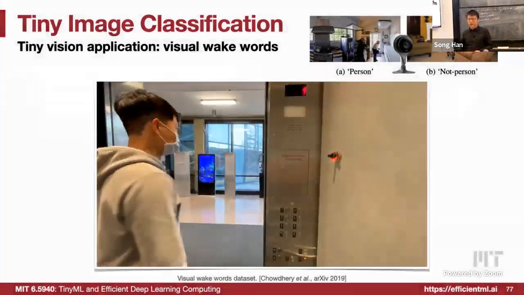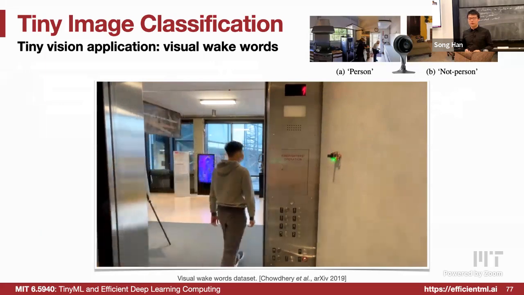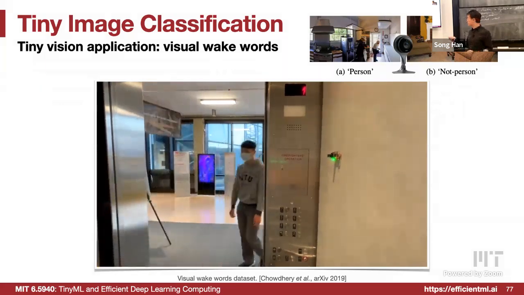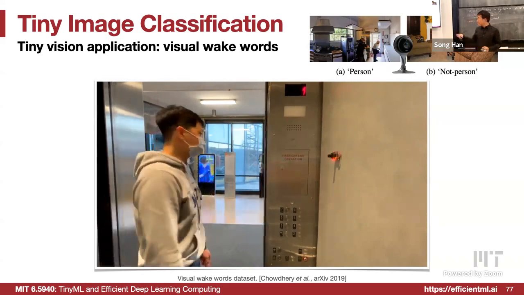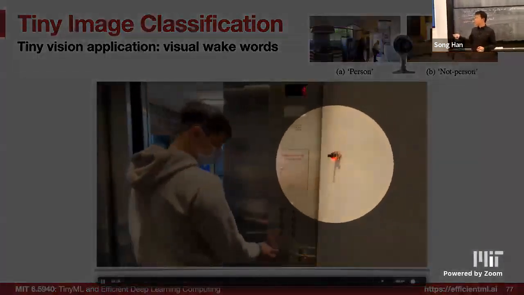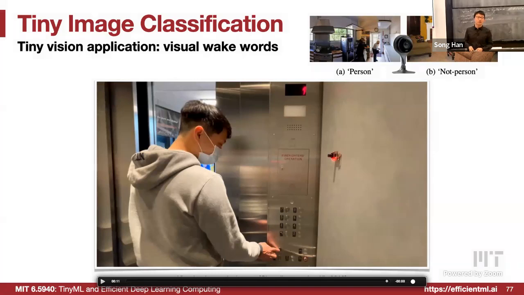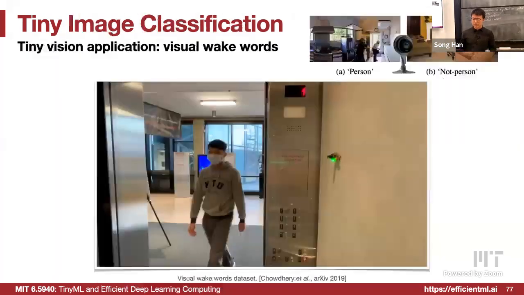Here is a demo we shot in building 38 in the elevator. This is my postdoc. We have this microcontroller right here as a light. If it is red, it's showing there is a person. If it is green, there's no person recognized by the microcontroller.